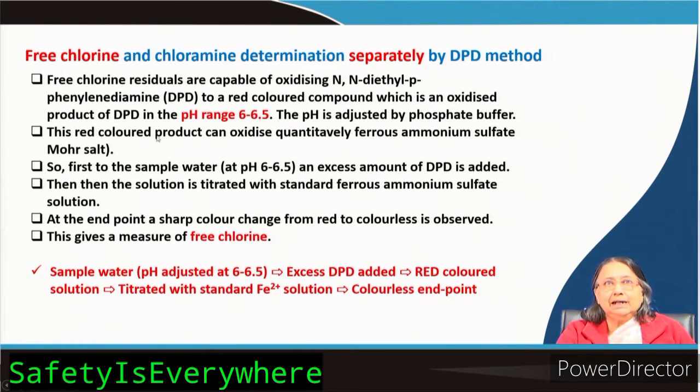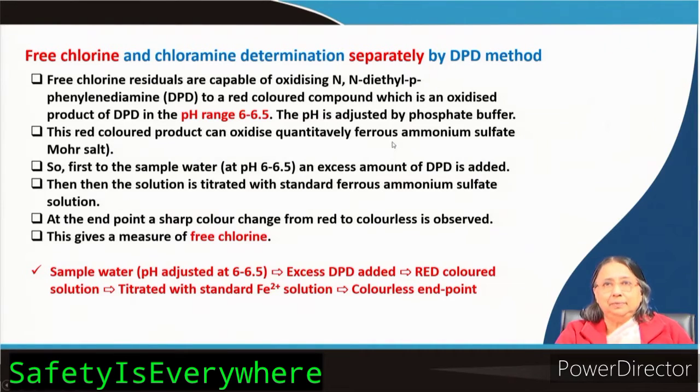So, this red colored product, which is the oxidized product of DPD, can oxidize the ferrous ammonium sulphate, or rather, you can say that ferrous ammonium sulphate can reduce this DPD oxidized product, that is the red colored product. And ferrous ammonium sulphate is a primary standard.